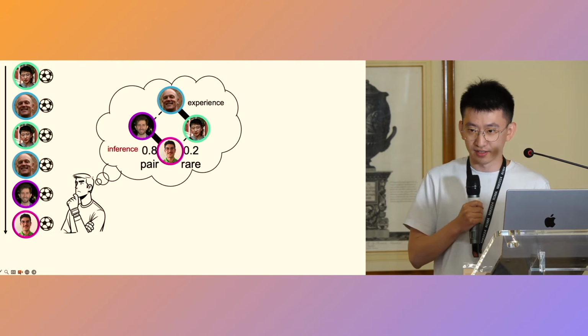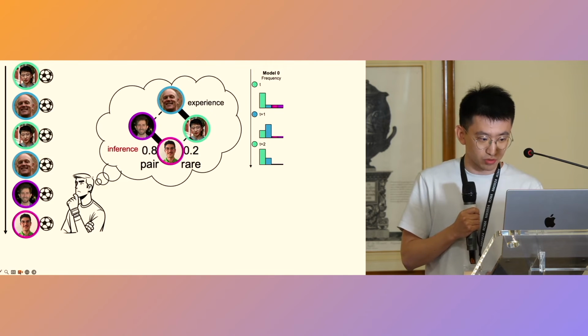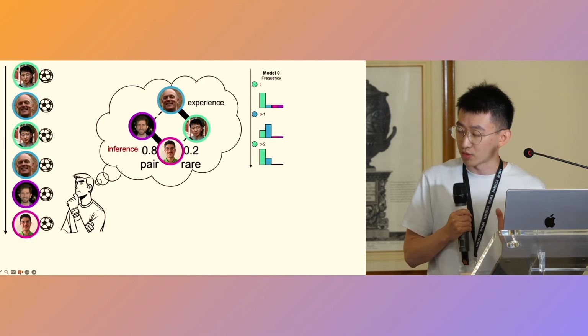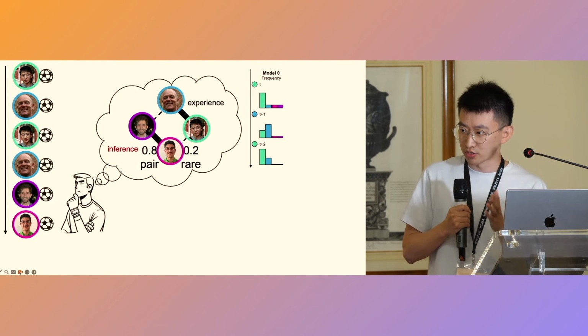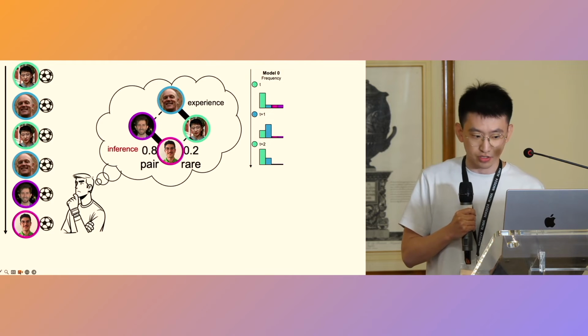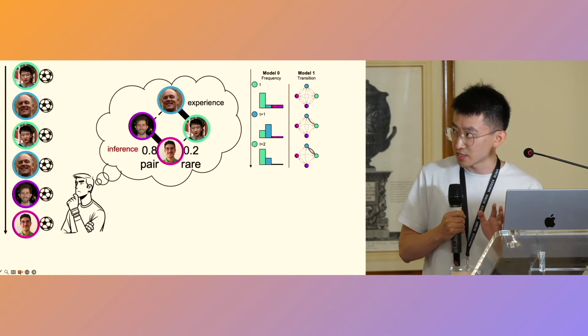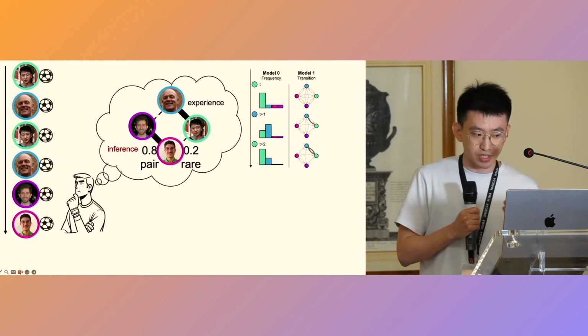And we built several models to understand whether humans are really doing this. We built a model that is very simple. It only tracks the frequency of each character, ignoring the transition structure. We built a model more like successor representation that tracks the transition probability, but in a naive way. This is only using experience.